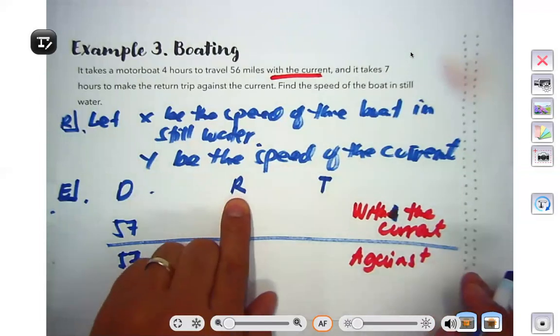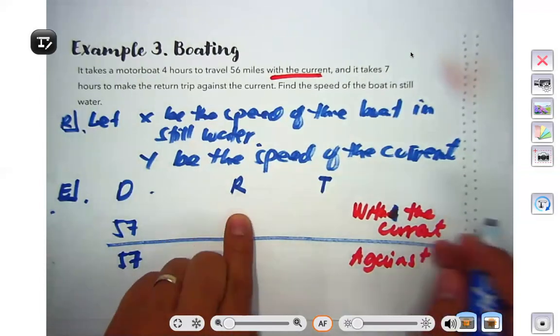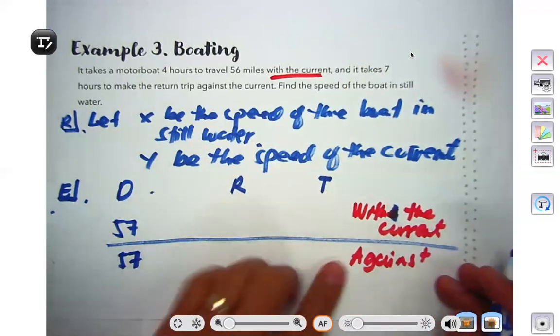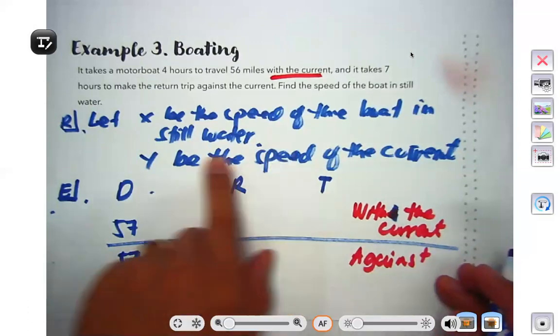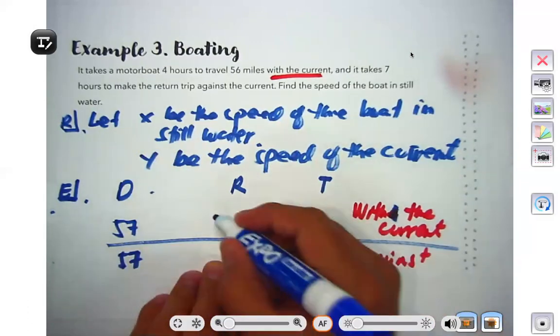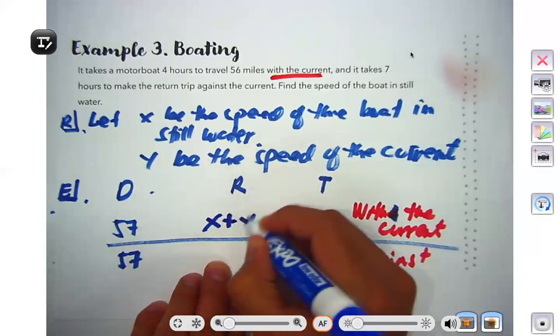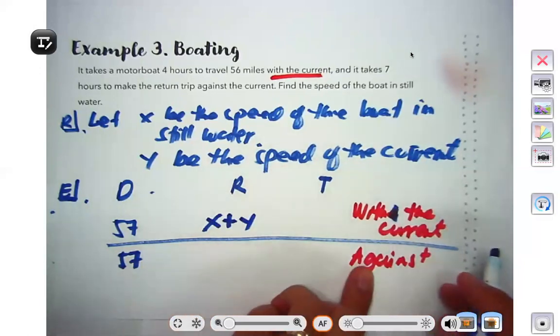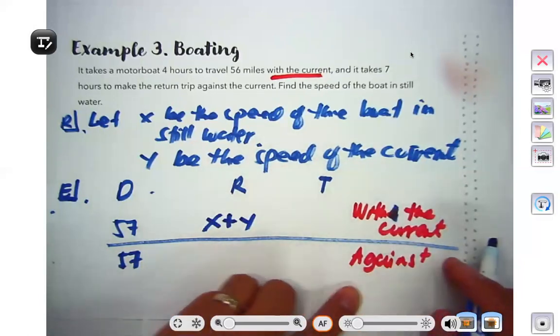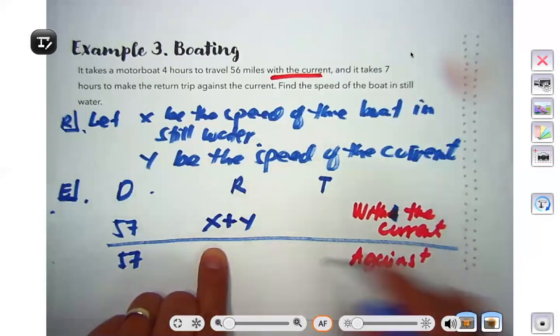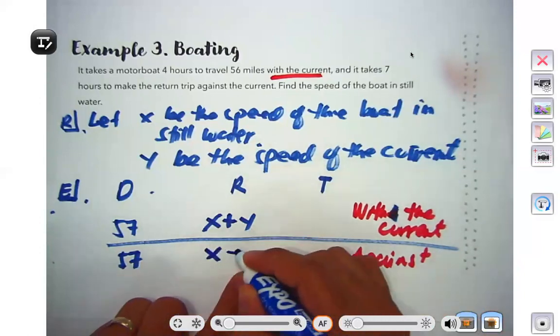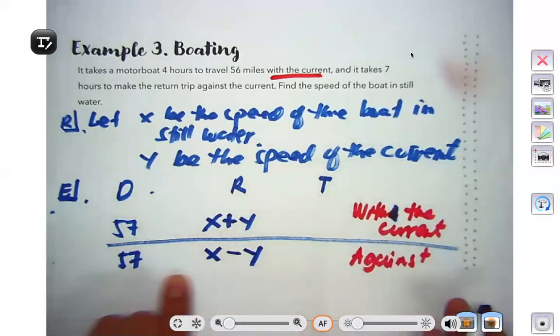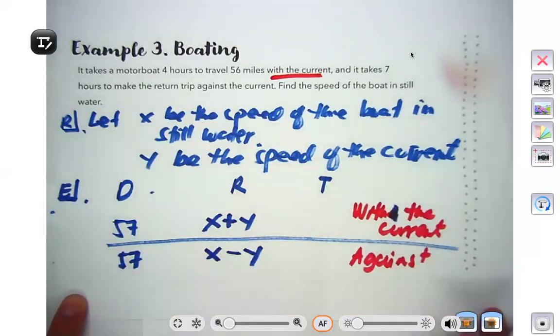Our rate, what's the rate with the current? It would be the speed of the boat in still water plus the speed of the current. So that would be x plus y. How about against the current? It would be x minus y. Okay? It's against the current.